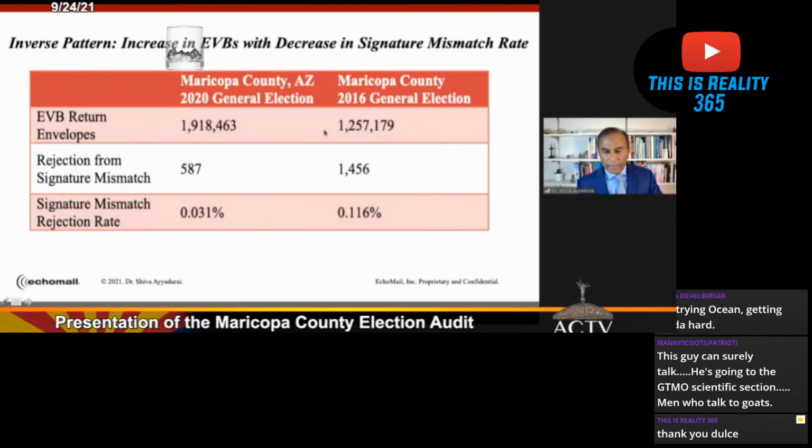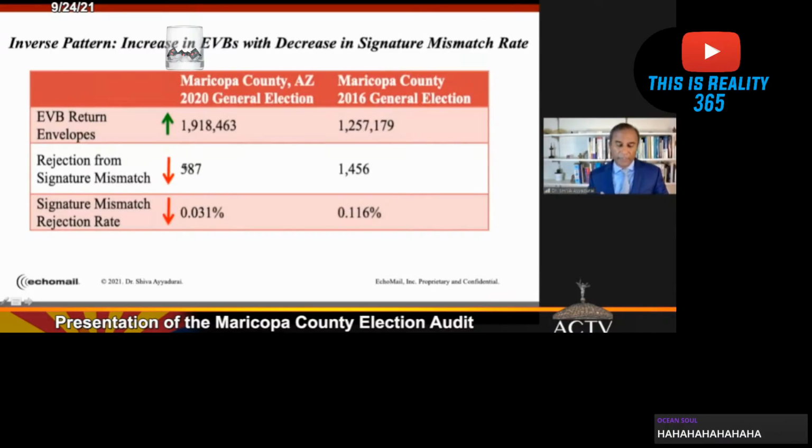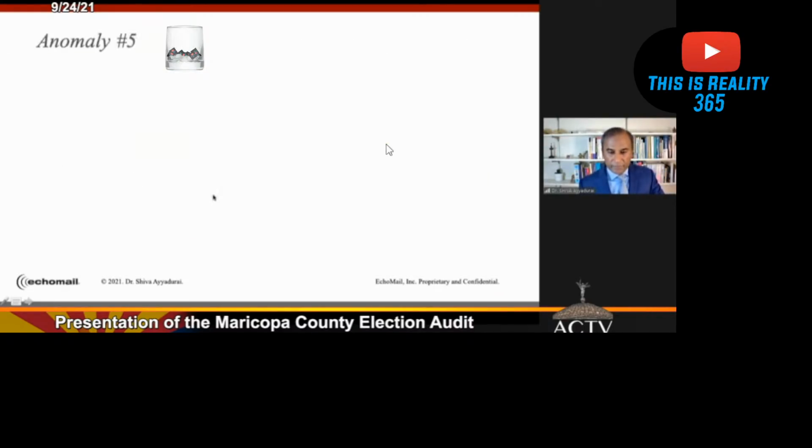In 2020, we had nearly 52% more return envelopes, but the signature mismatch rate goes down by nearly 56%. So it's gone down by a significant number here, okay, nearly 4 times. So this went up, the other two came down. A very interesting inverse relationship, which would be, again, one of the questions we have for Maricopa officials.